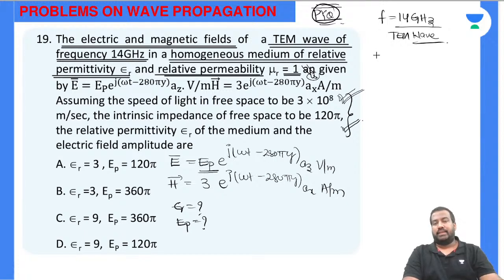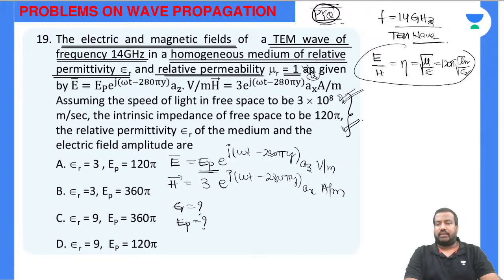What do you know? The ratio of amplitude of electric field to the amplitude of magnetic field at any point will give you intrinsic impedance. Am I right? What is intrinsic impedance? Under root of mu by epsilon. How much is it? 120 pi into under root of mu r by epsilon r. With this small logic, we can find the answer.